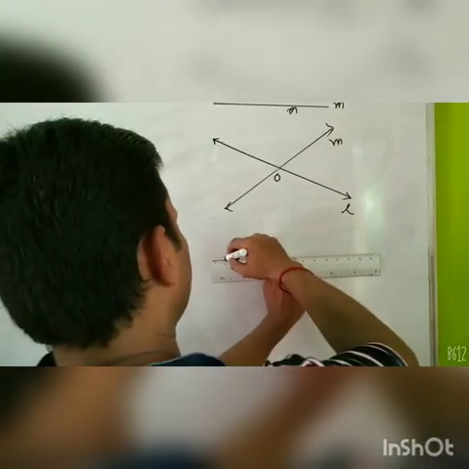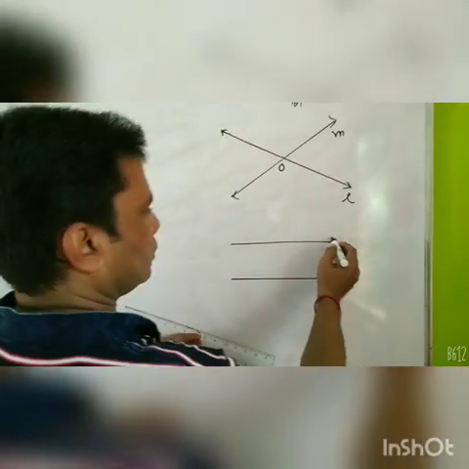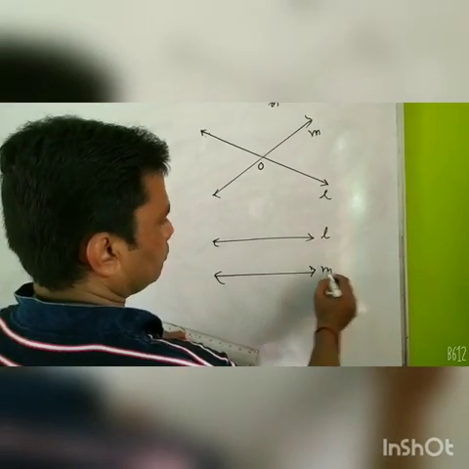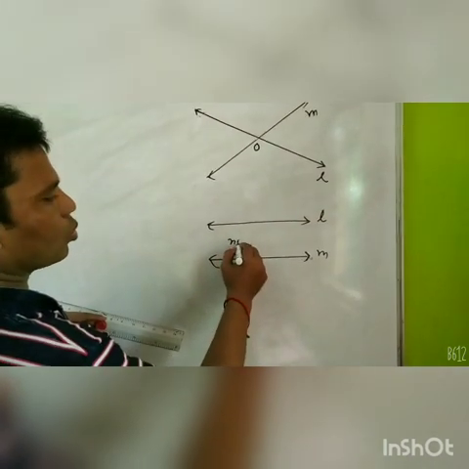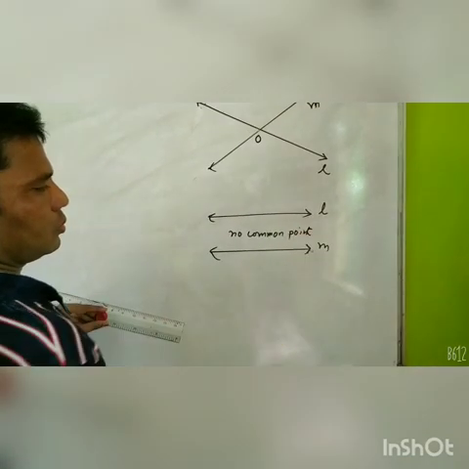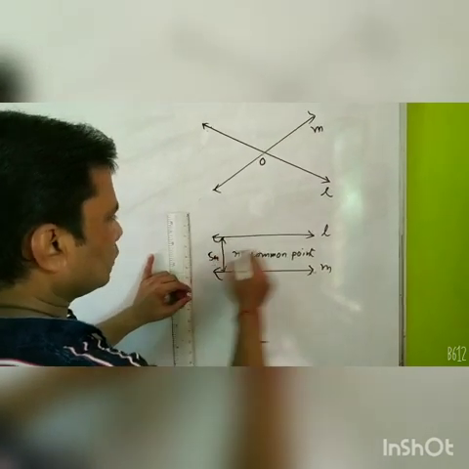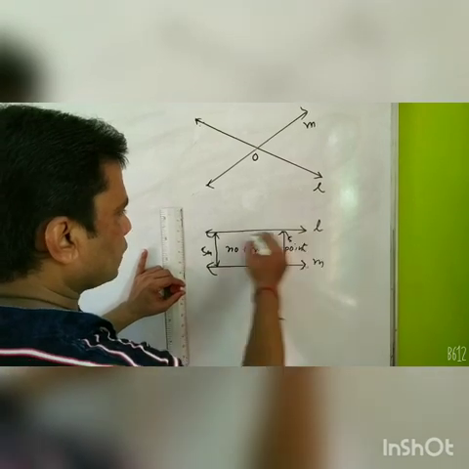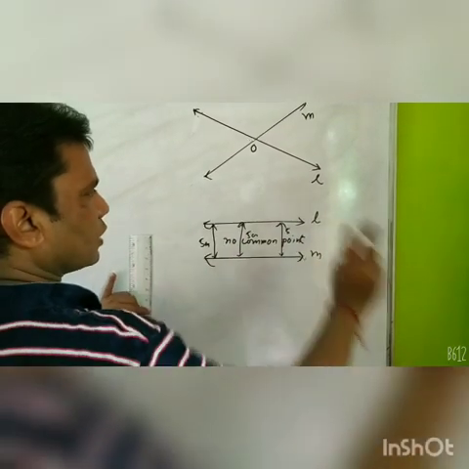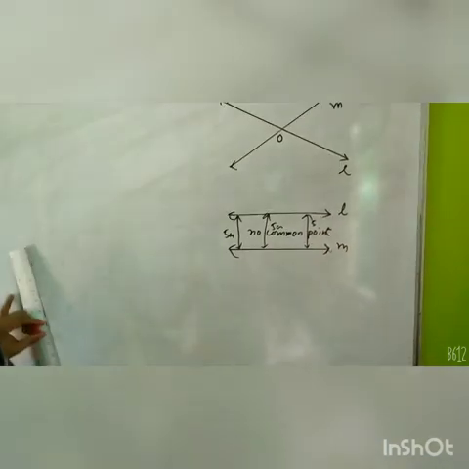If two lines, suppose this is L and this is M, have no common point, and the distance between the two lines is, suppose, 5 centimeters here, this part also 5 centimeters, from here to here also 5 centimeters. So the distance between the two lines is always the same, and there is no common point between the two lines L and M, then it is called parallel lines.